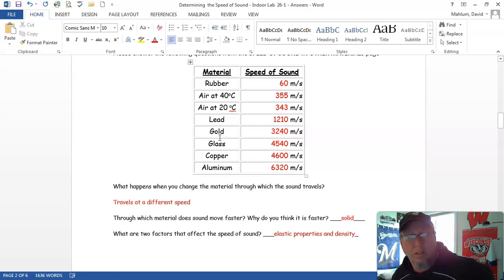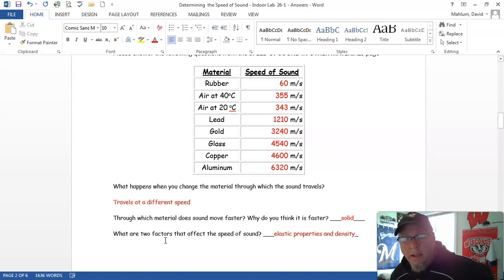What we've noticed in the past is that solid materials transmit sound really well, and things like gases do not transmit sound as well. But there's also something with temperature here. It looks like the higher the temperature, the faster the sound moves. And that's ultimately what today's lesson is about.